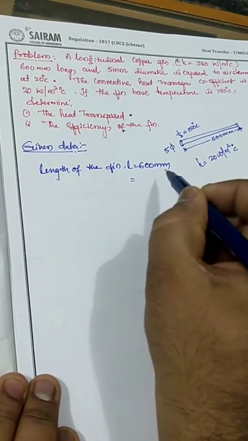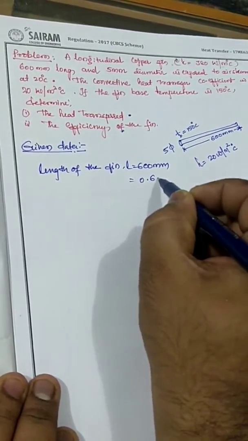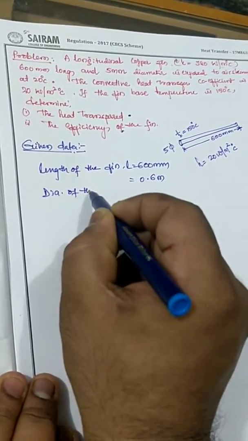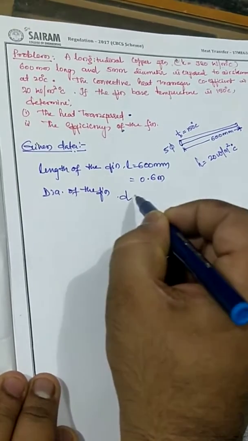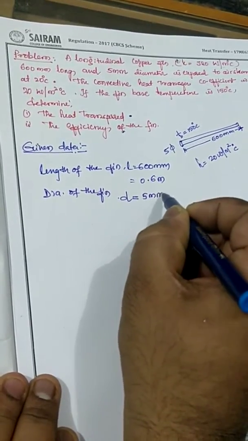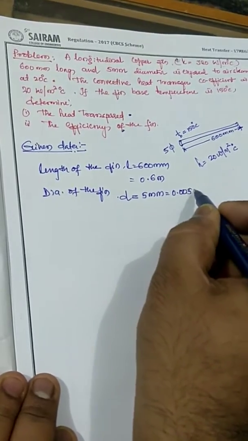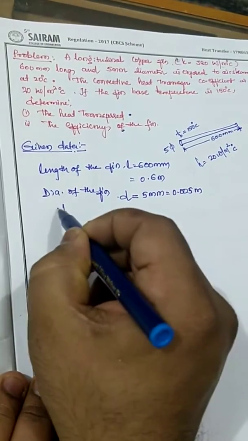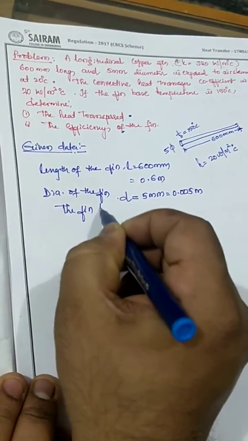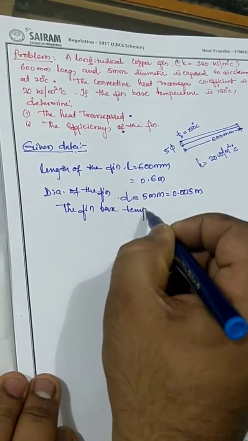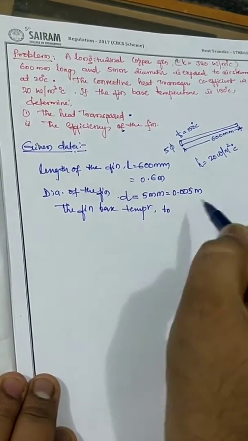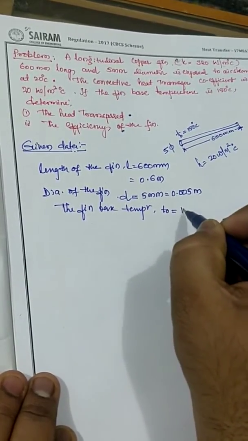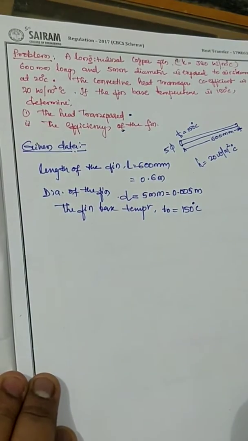So we have to convert into meter, that is 0.6 meter, and diameter of the fin is given, that is D is equal to 5 mm, and we convert into meter, that is 0.005 meter. The fin base temperature is given, that is T0, 150 degree centigrade.